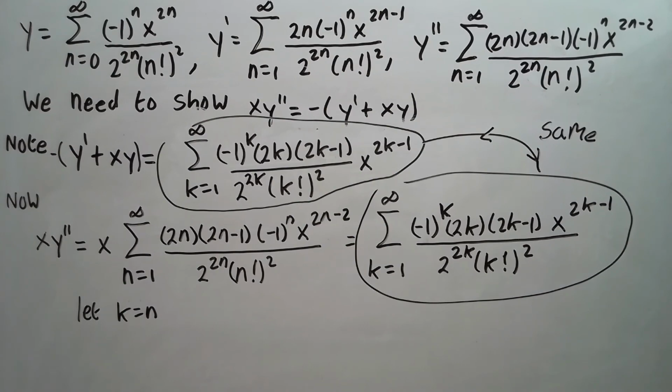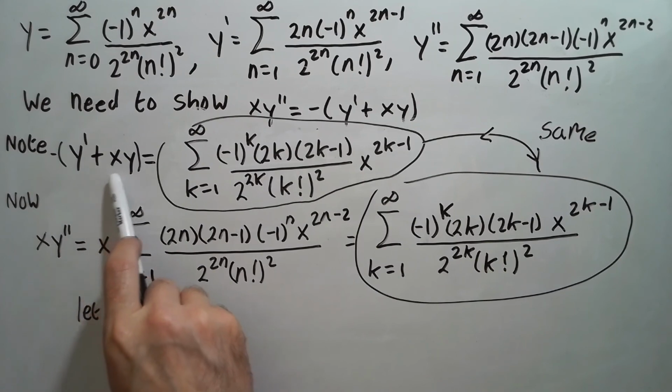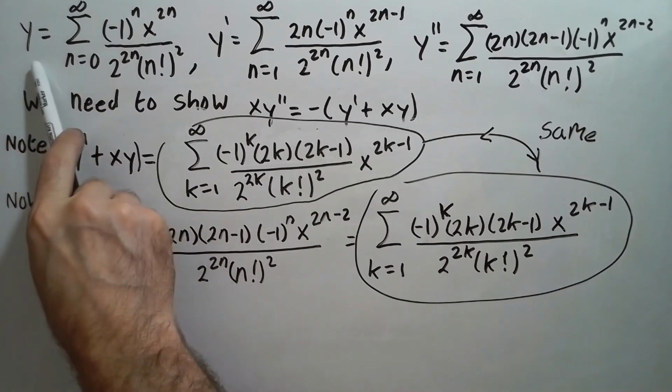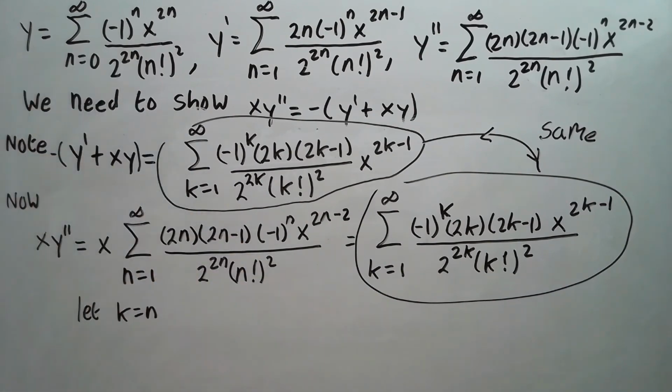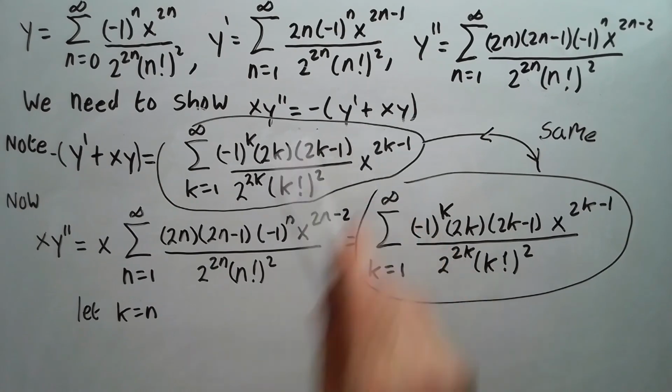So we verify that negative y prime plus xy equals x y double prime. So our y up here we've shown is the solution to this differential equation.